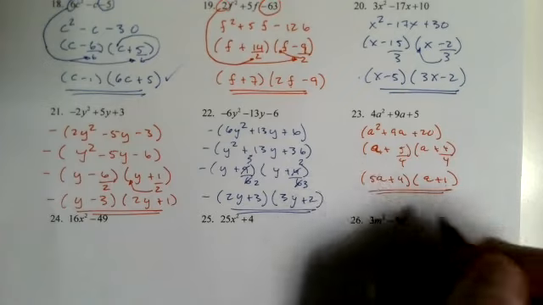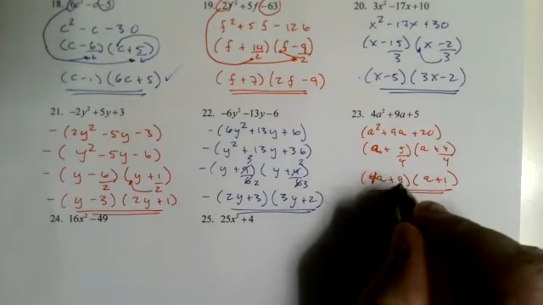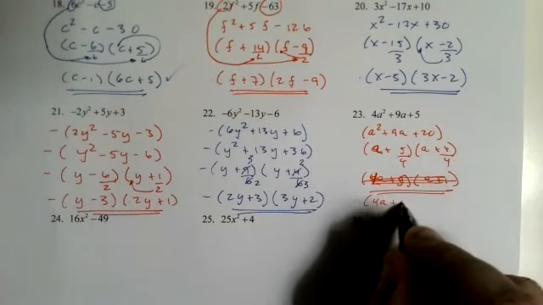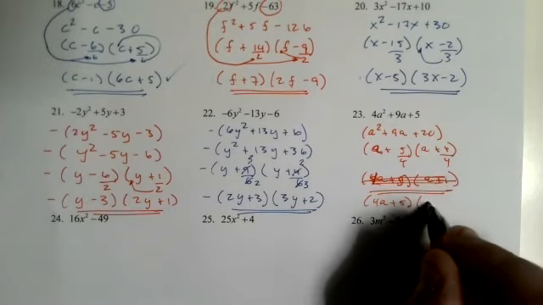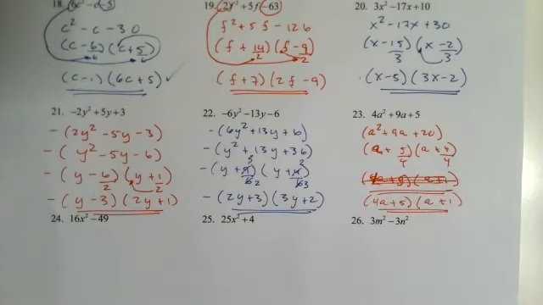Wrote this wrong. Be 4a squared. 4a plus 5. 4a plus 5. Notice the really good teacher demonstration of pretending to make a mistake and actually solving the problem.